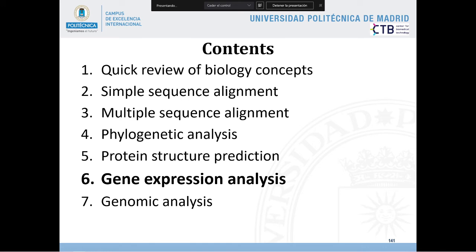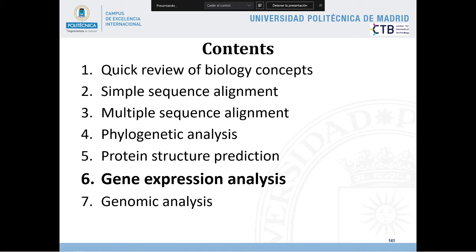In medicine or in humans, we tend to use gene expression analysis to check different populations and different parts of the body. For example, a gene that is highly expressed in the lung, but in another part of the body it is lowly expressed when the person has a disease or a condition.